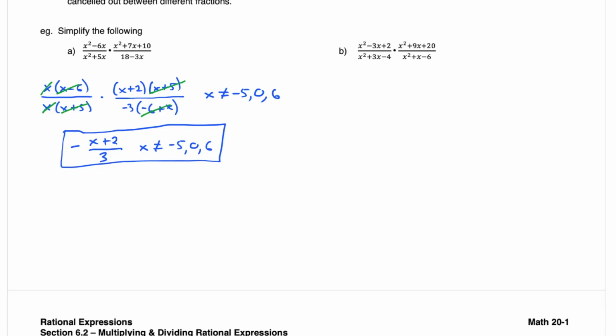So this one has 4 quadratic equations that we'll need to factor, and there will be just a lot of factoring as you're going through these sorts of questions. So our first one, x squared minus 3x plus 2, we'll factor to x minus 1, x minus 2. If you look at x squared plus 3x minus 4, that'll go to x plus 4 and x minus 1.